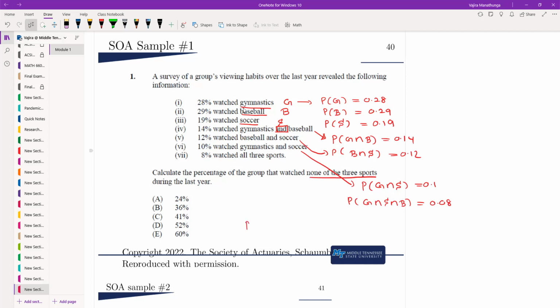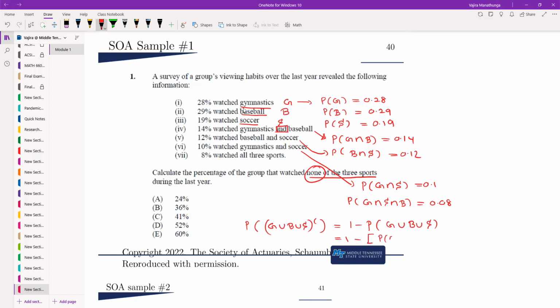The question asks about none of the 3 sports. So pretty much we want to find the probability of G union B union S, but since the word is "none," we need the complement. The first thing you do is apply the complement rule. Then if you remember the addition rule for 3 events, you can apply that rule.